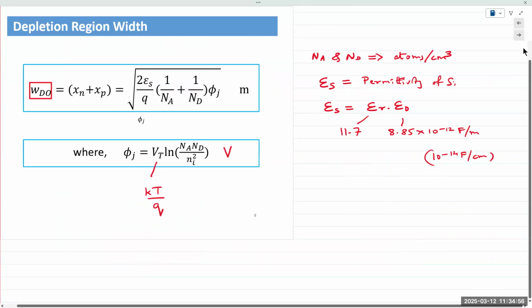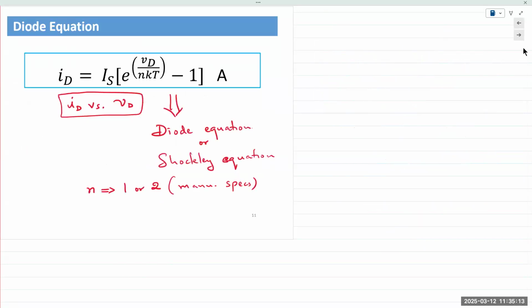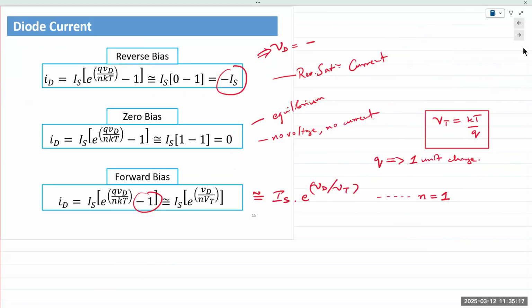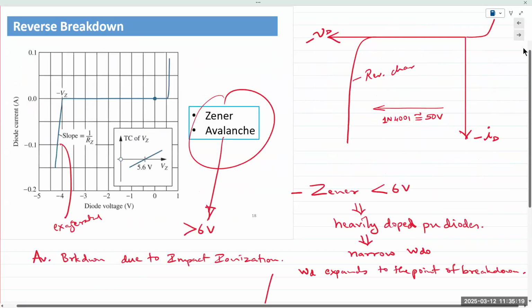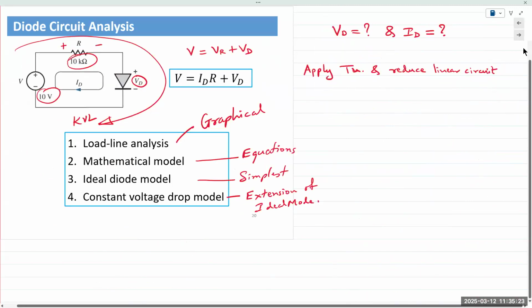The short answer questions will most likely be based on the first portion, meaning the fundamental concepts. And then the problems would be the diode equation, and diode circuit analysis.